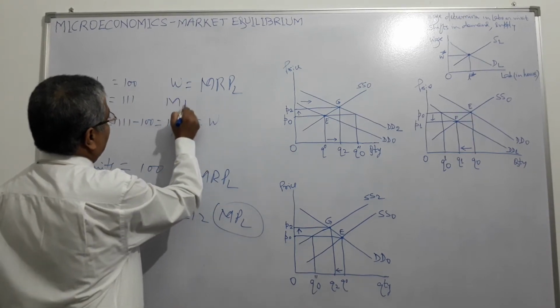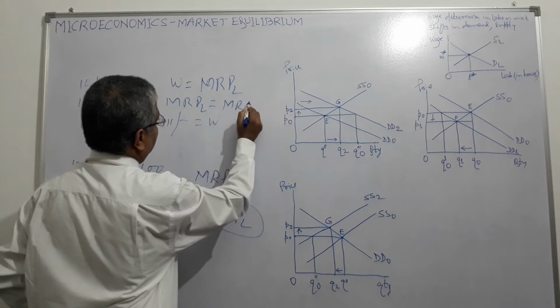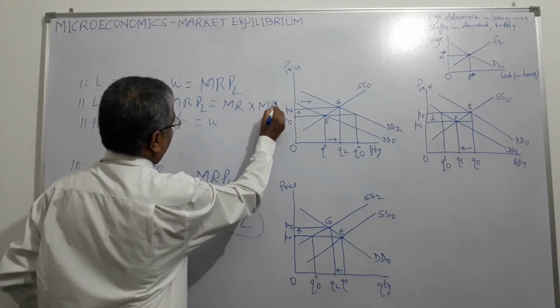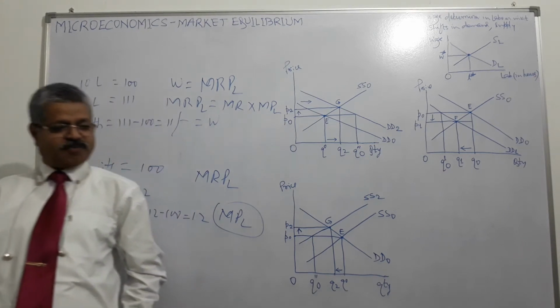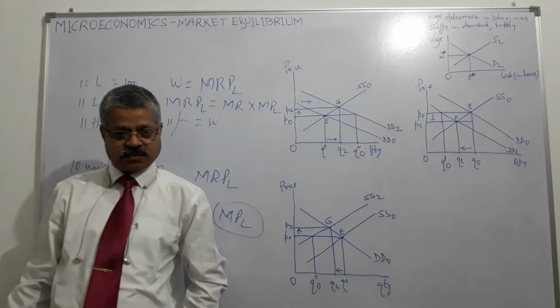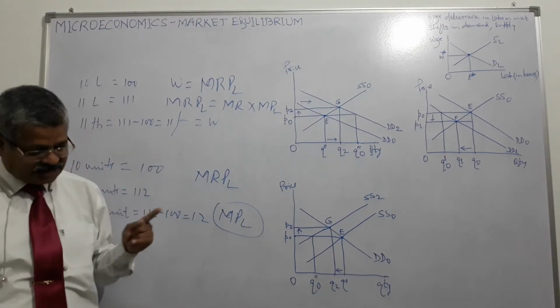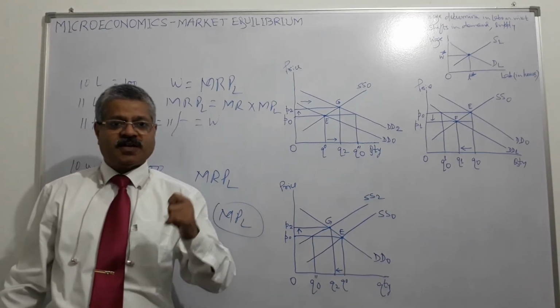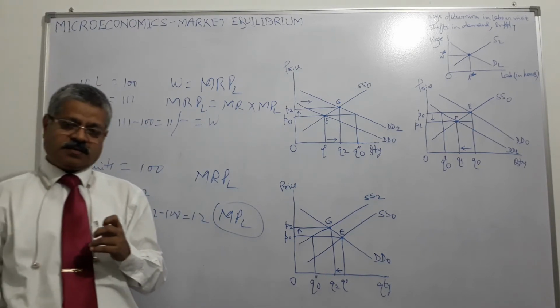And MRPL is equal to MR times MPL. In a perfectly competitive market, which we have discussed earlier also, marginal revenue is equal to price of the commodity, right?